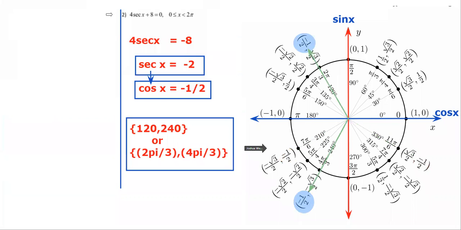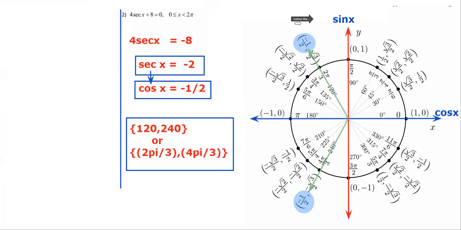Question number 2. For 4 secant x plus 8 equals 0, for x between 0 and 2 pi, well, subtract 8 from both sides and then divide by 4, and we get that the secant of x is -2. Since we have this wheel that uses the reciprocal functions of secant x, cosecant and cotangent, we can simply use sine and cosine by doing the reciprocal.